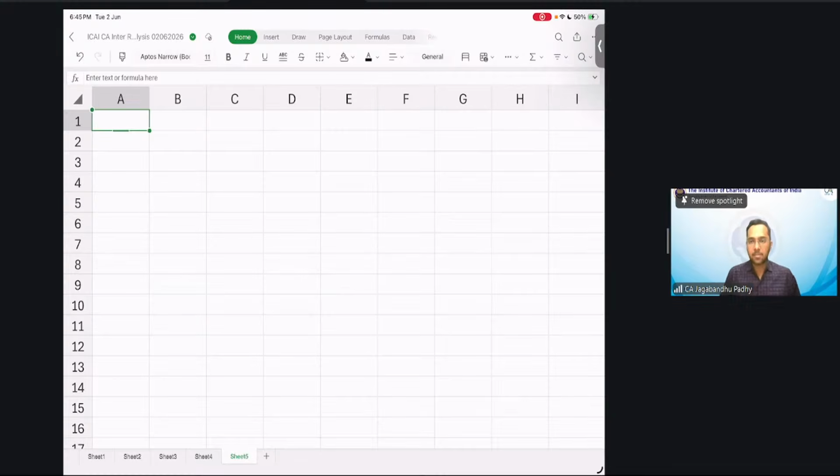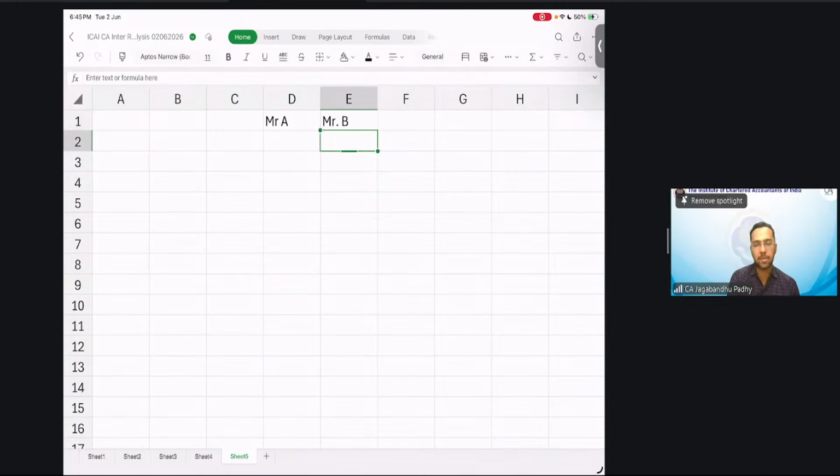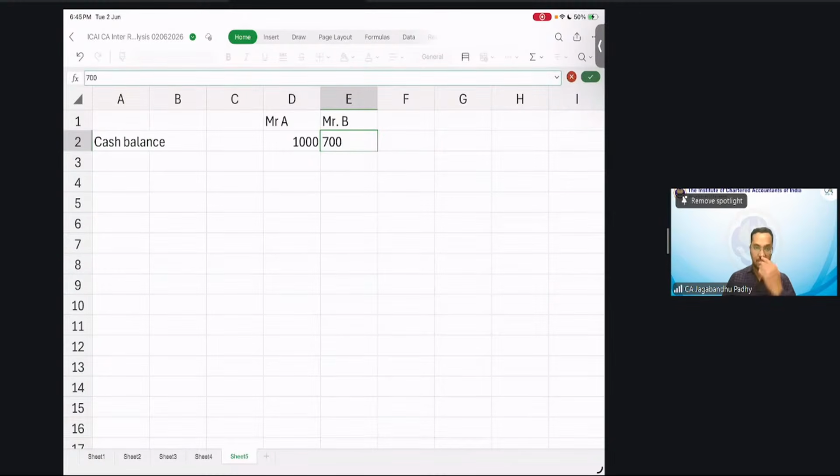Okay, so let me just make you understand this with the help of an example. So let's say there are two people, Mr. A, Mr. B. Cash balance that Mr. A has got is 1,000, and cash balance which Mr. B has got, that's 700.